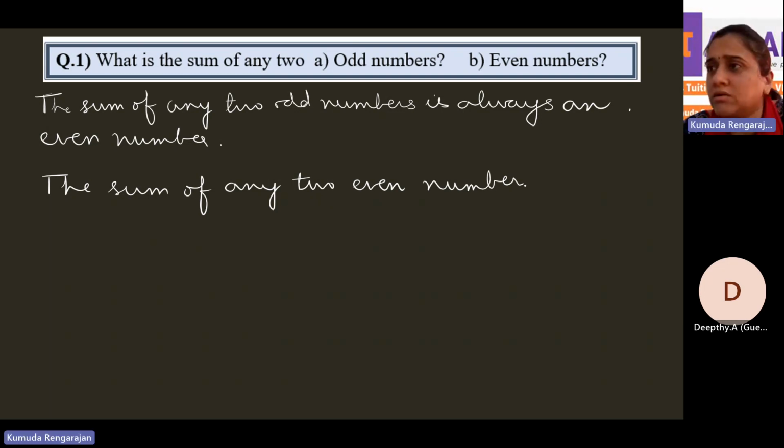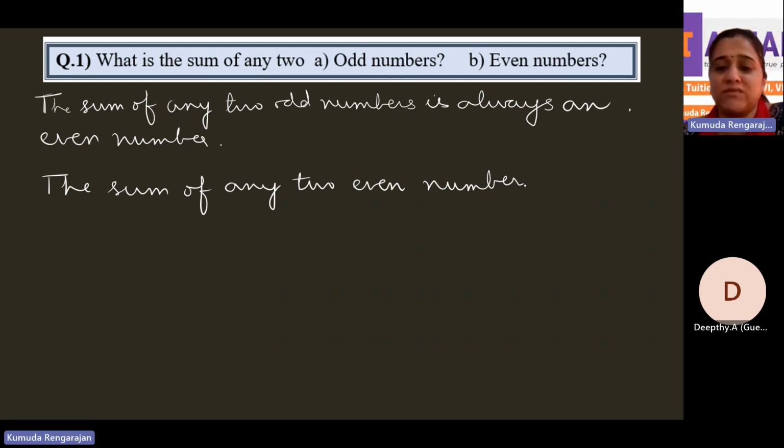Instead of "are": the result is only one number, right? So you should not say "are". It's not "are" because the answer is only one. So it's always an even number.